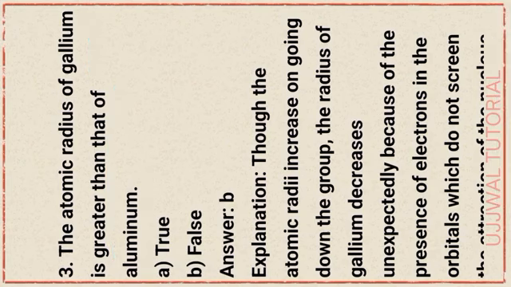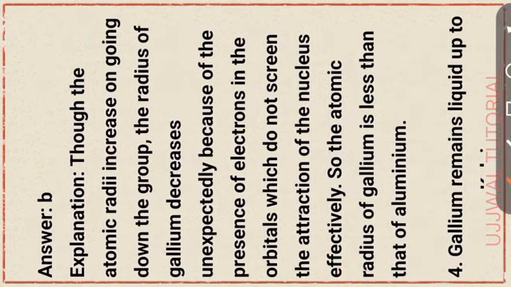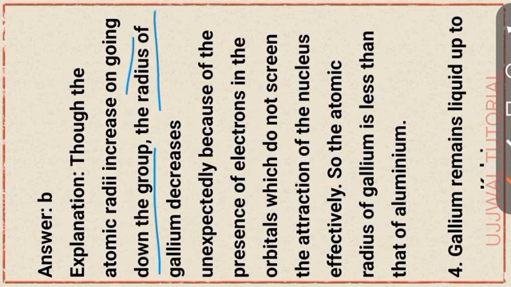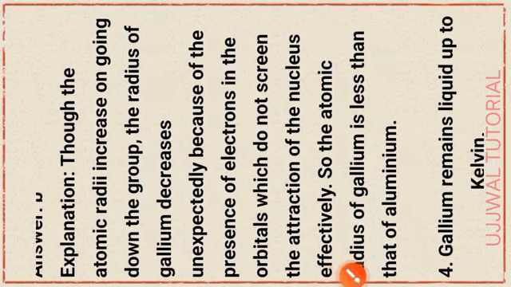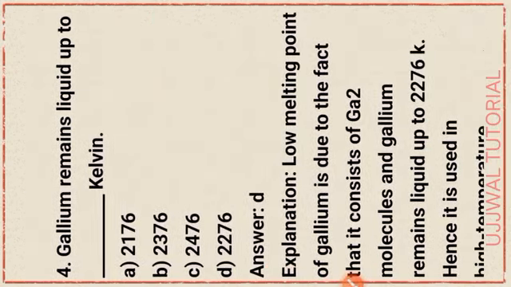Although the atomic radii increase on going down the group, the radius of gallium decreases unexpectedly because of the presence of d electrons in the orbitals, which do not shield the attraction of the nucleus effectively. So the atomic radius of gallium is less than that of aluminium.